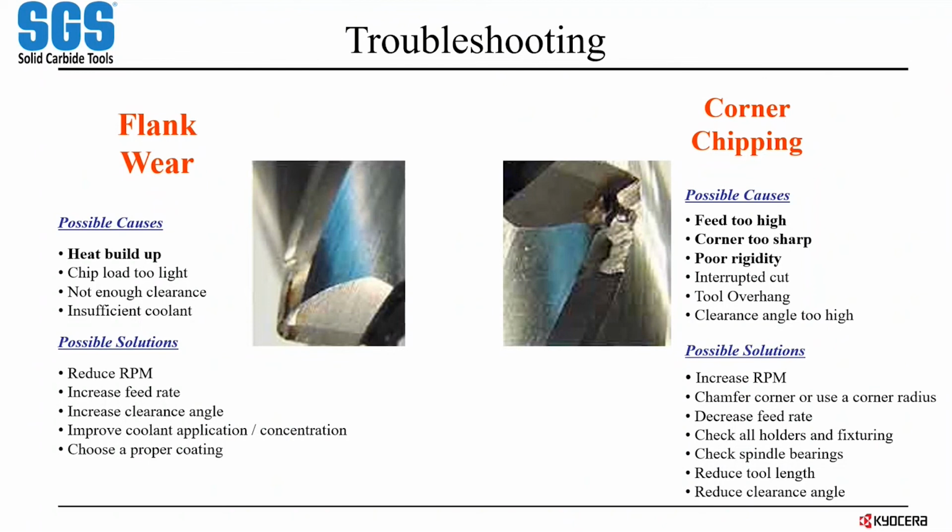You might need to go to a more robust tool to be able to handle some of that potential looseness or lack of rigidity in the machine. But you can play with your RPMs. You can increase the corner radius, add a chamfer, anything like that to help beef up that edge.